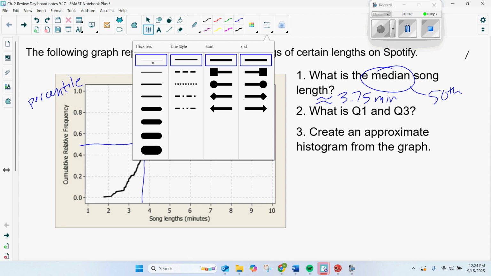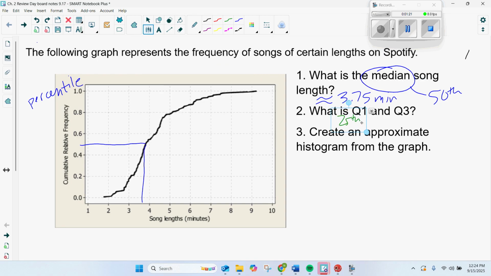Q1 is going to happen at the 25th percentile. Q3 is going to happen at the 75th percentile. So I'm going to go over to my graph. 30 is going to be about halfway in between there. So 25 will be halfway in between that. Okay. How about we say 3.5 minutes for Q1. Q3 will be at the 75th.